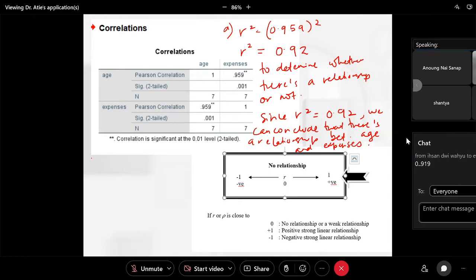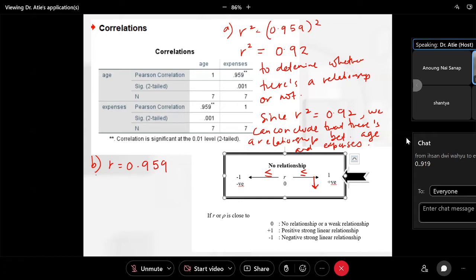For part B, we got the R is 0.959. And remember, the R is supposed to be between -1 and 1. In our case, the R is somewhere around here, so we know the number is positive. Remember, we need to conclude in three ways: in terms of the form, the direction, and also the degree.